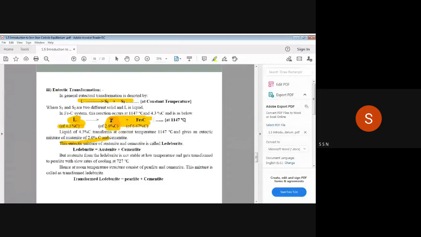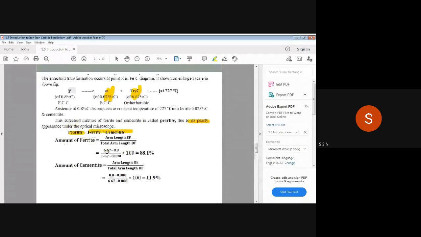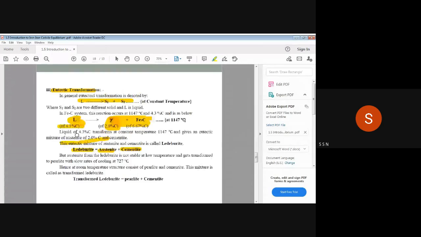Similarly, whatever this gamma austenite and Fe3C cementite is, is called a ledeborite. So whenever the word ledeborite comes again, that ledeborite you have seen in the eutectic transformation, and that ledeborite is nothing but austenite plus cementite. And what is perlite? Perlite means ferrite plus cementite. Ferrite plus cementite is a perlite, austenite plus cementite is a ledeborite.